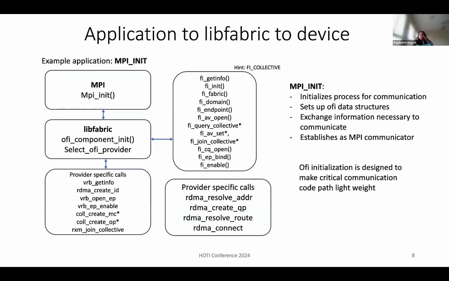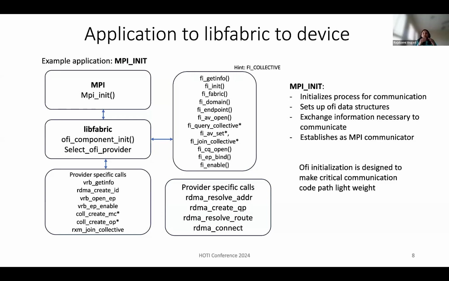So at the provider layer, we can see the corresponding provider layer calls. For example, for an FI endpoint, we have a corresponding verbs open endpoint there. And for the collectives, we have a collective provider in Libfabric, and we can see the coll_create_op API over there, which is at the provider level.